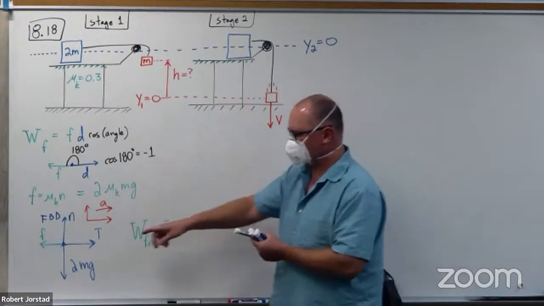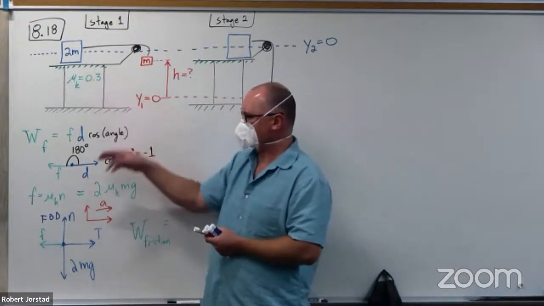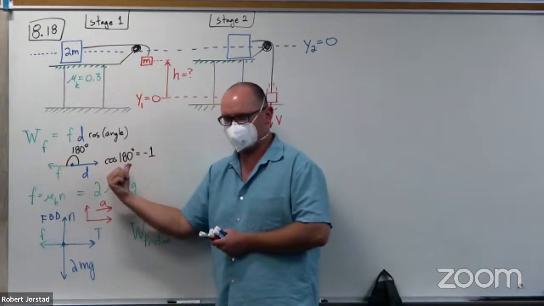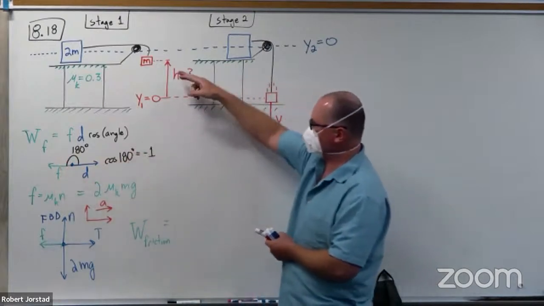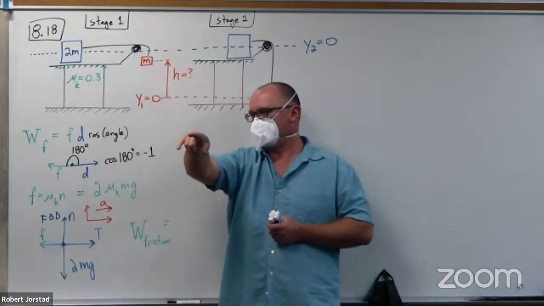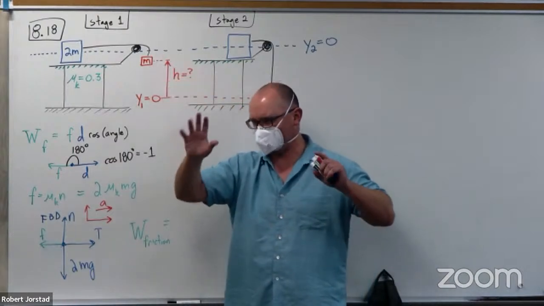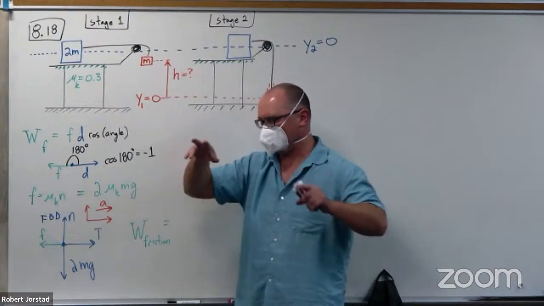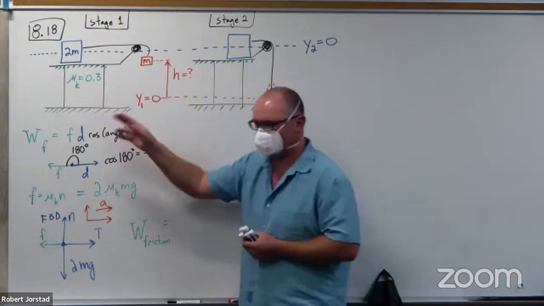No, we're looking at block 2, right? We know friction points this way, it's displaced this way, so there's work done. We don't worry about the work done by gravity on this one, because we're going to account for that as an energy. We only need the work done by friction here.